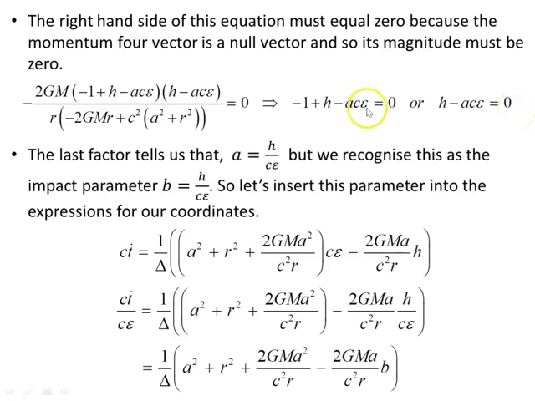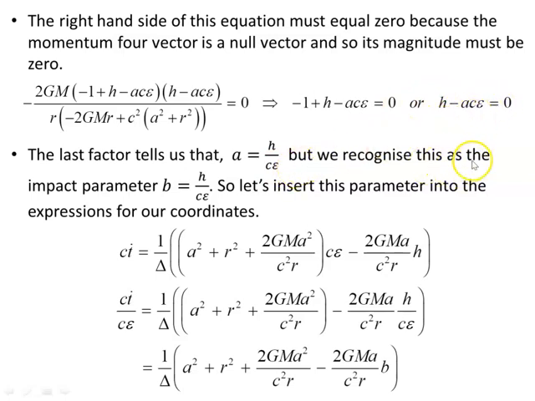Okay, either or both. Now, let's work with the last factor because it's straightforward and it should be immediately recognizable. The last factor tells us that a equals h on c epsilon. Okay, just rearrange this to get a by itself.